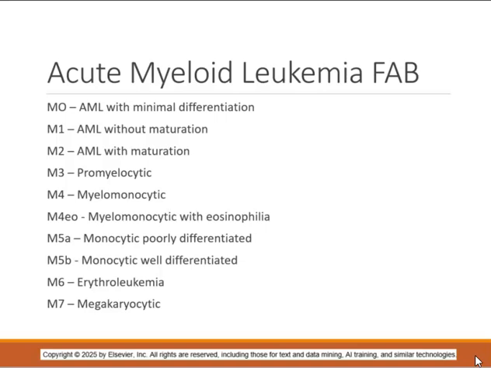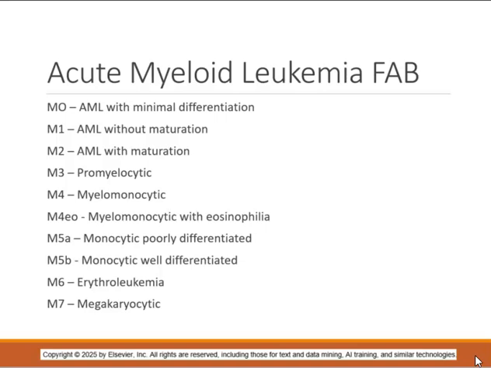M0 is AML with minimal differentiation, and we'll see pictures in a second as to what they all are. AML without maturation, AML with maturation, promyelocytic, myelomonocytic, myelomonocytic with eosinophils, monocytic poorly differentiated, monocytic well-differentiated, erythroid leukemia, and megakaryocytic.